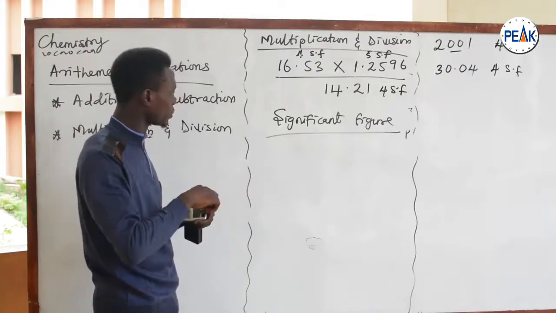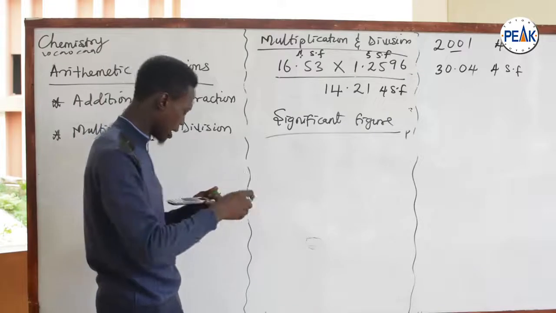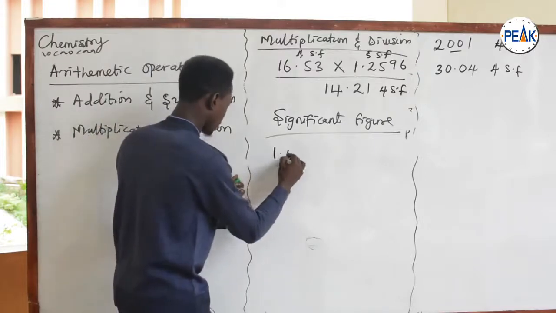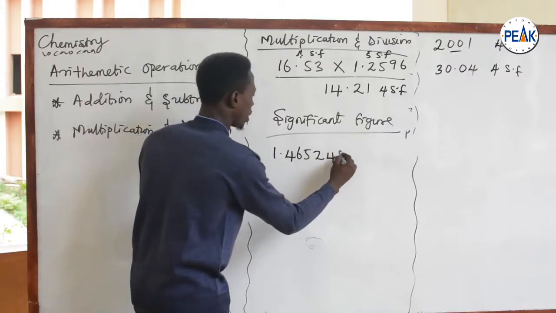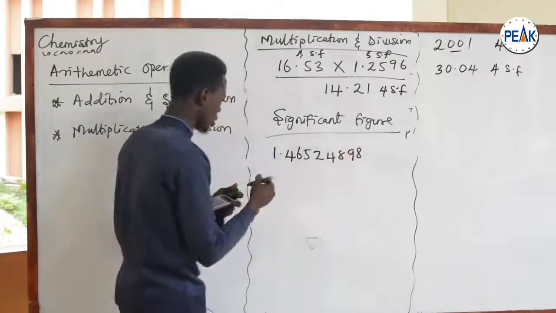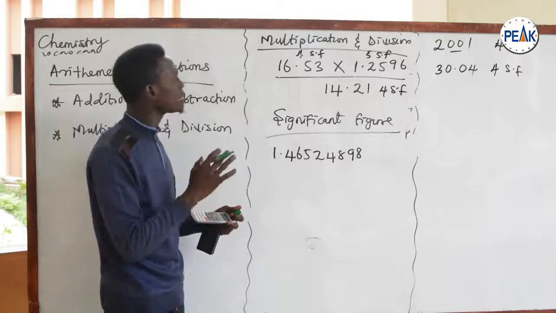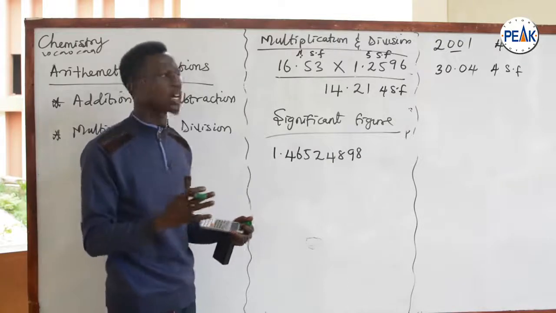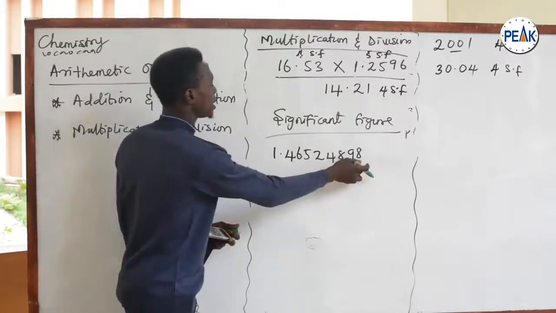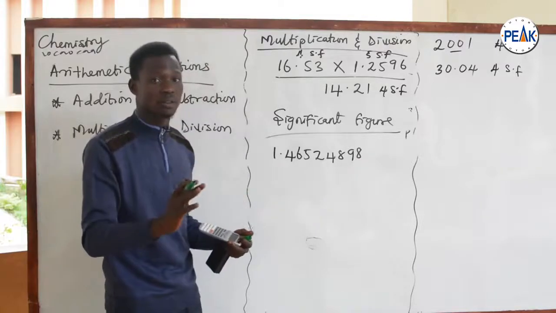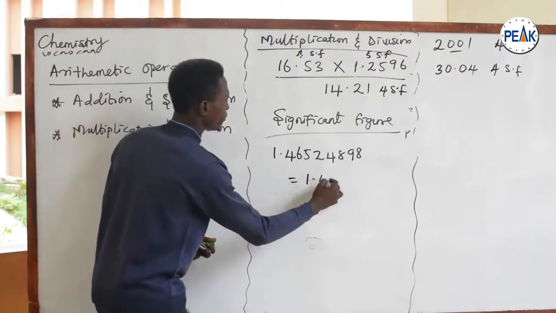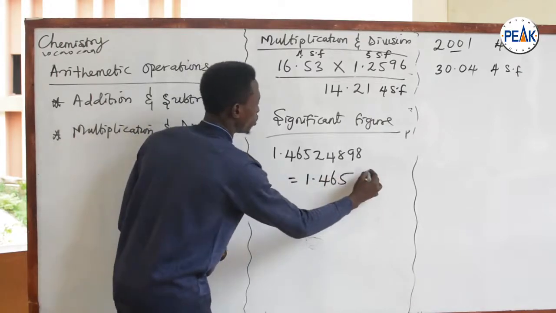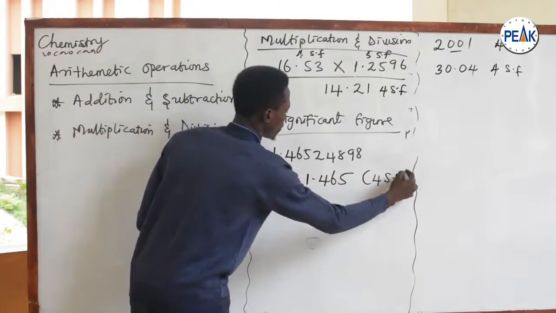By my calculator, I have 1.46524898. So if I want to express this in the proper number of significant figures, I'm to leave my answer to 4 significant figures. And this will be 1.465 to 4 significant figures.